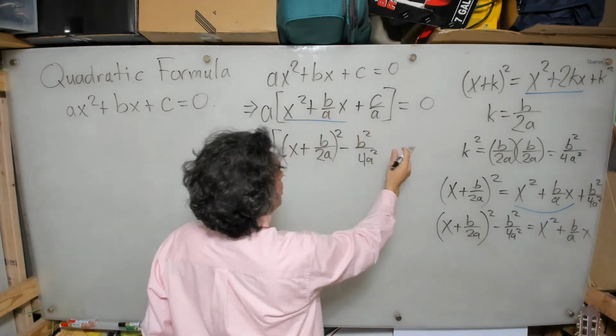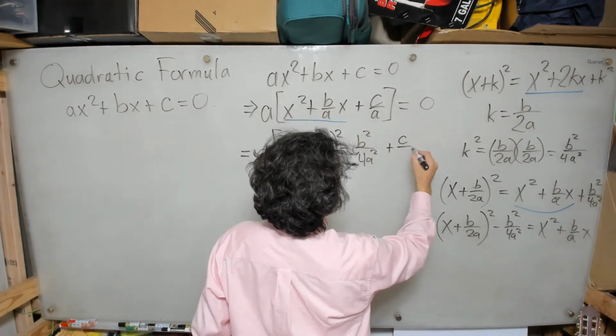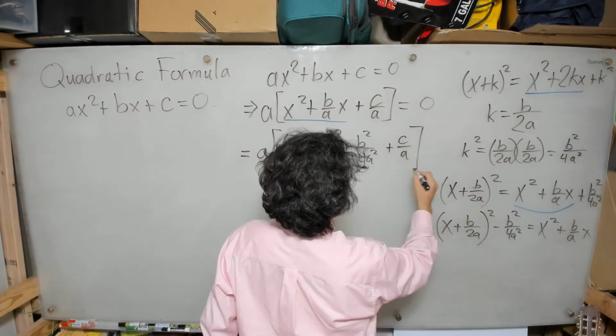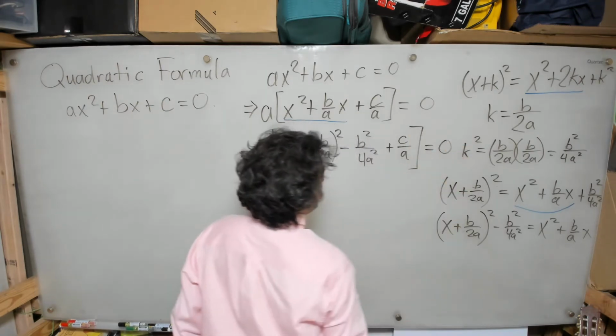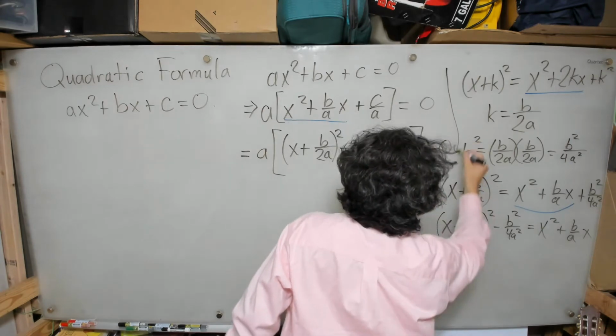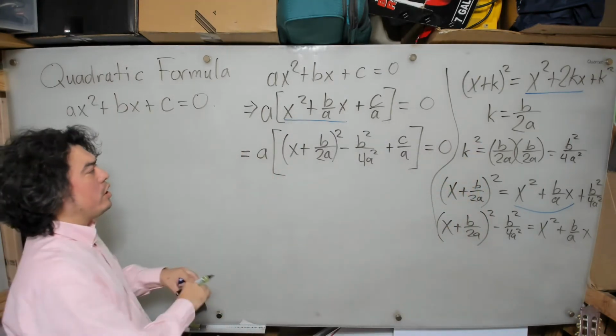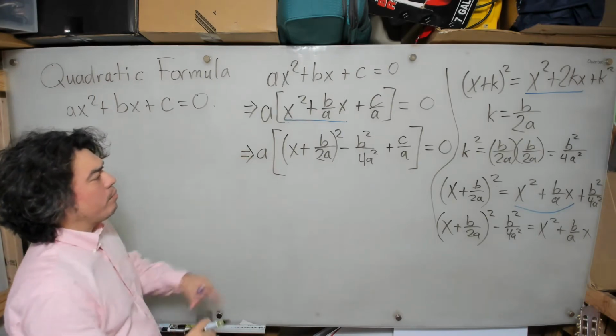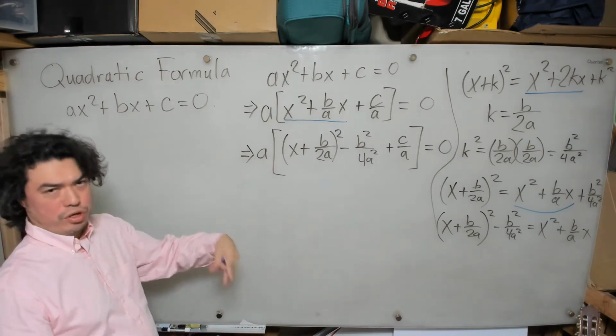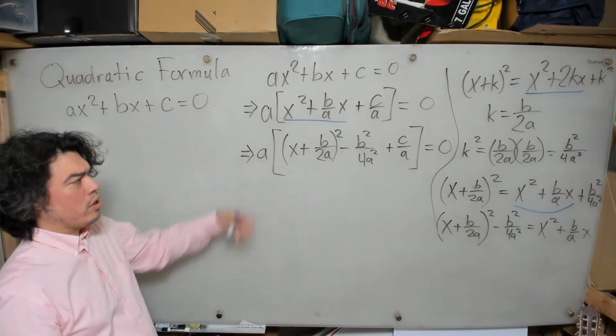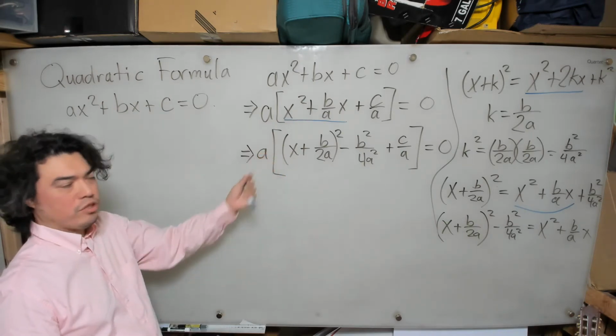Then I bring down my plus c over a here. Then I close my bracket, and I know that that equals 0. Okay? So we have just accomplished what we needed in order to complete the square.